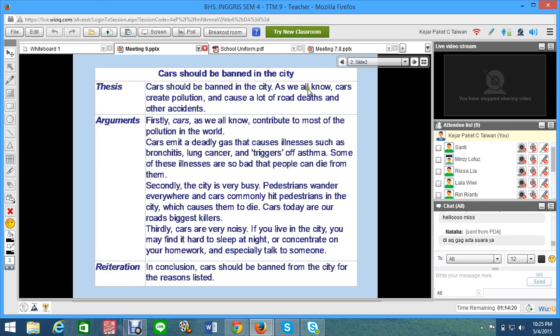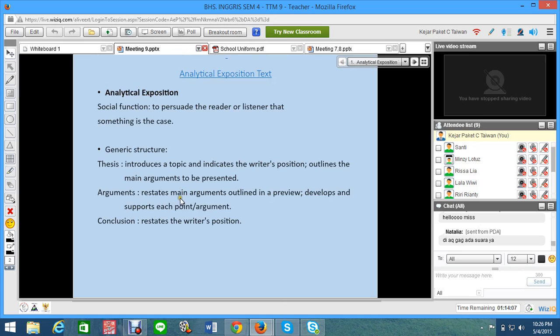So main arguments here, okay. Jadi argumen utama yang ada di sini kita ungkapkan lagi, kita restate. Tadi kan kita lihat argumennya ini, restate main arguments. Restate main arguments, kita restate kembali dan develops and support.